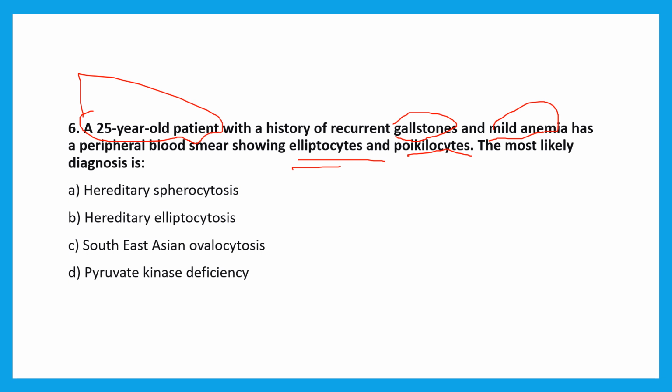Yes. And one clue that has led us to that conclusion is the recurrent gallstones. Recurrent gallstones are a common complication of any chronic hemolytic anemia, which includes hereditary spherocytosis. So yeah, we are getting this as the correct answer.